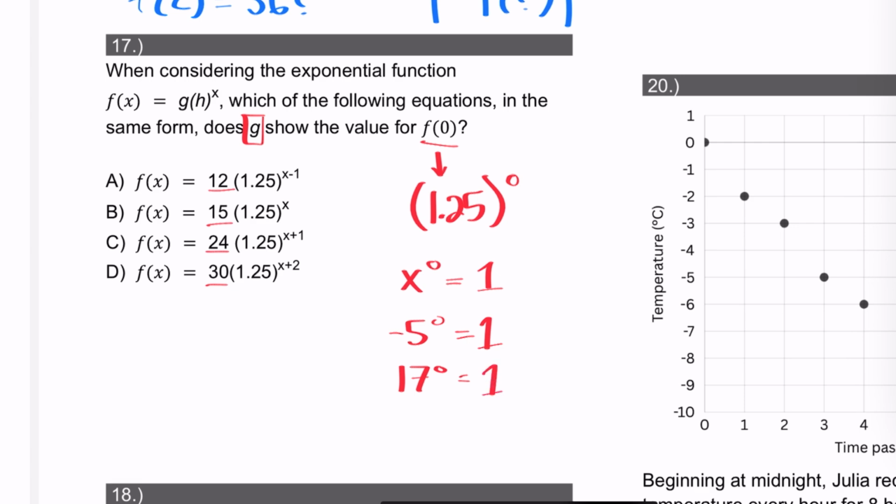So even though this seems really confusing, it's actually just that one rule. Now for B, when I plug a 0 in here, the 1.25 to the power of 0 is going to be just 1, and therefore 15 is not going to change, unlike the other problems. So there you have it. Answer choice is B.